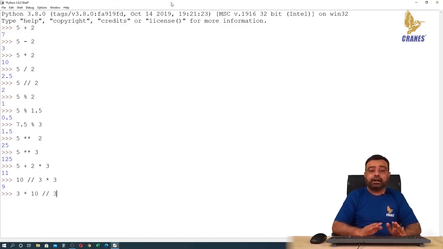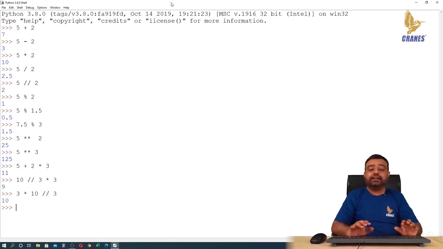Multiplication and division have the same precedence, but associativity is left to right. So moving from left to right, multiplication occurs before division. The first thing you perform here is multiplication: 3 into 10 is 30. 30 divided by 3 is 10.